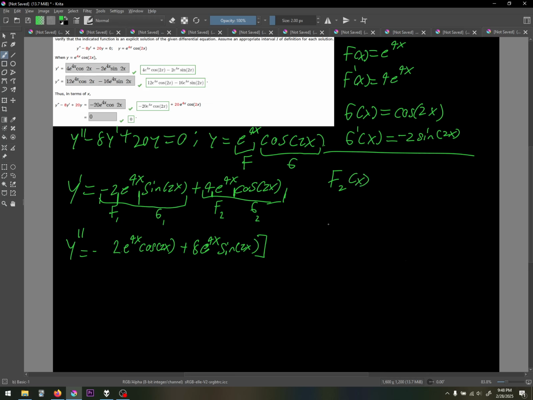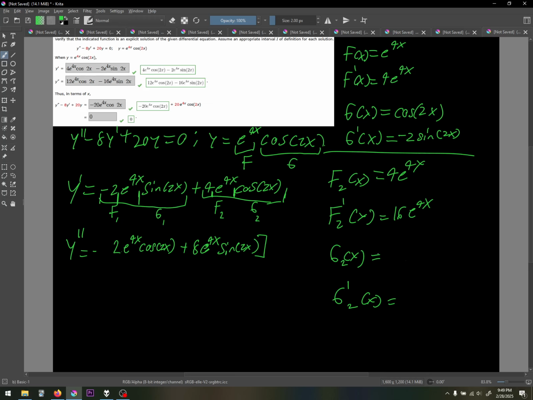Okay. So now that we have all those done, f2 of x, f prime 2 of x, g2 of x, g prime 2 of x. So we're going to have 4e to the 4x, which is going to be 4 times 4, 16, e to the 4x.